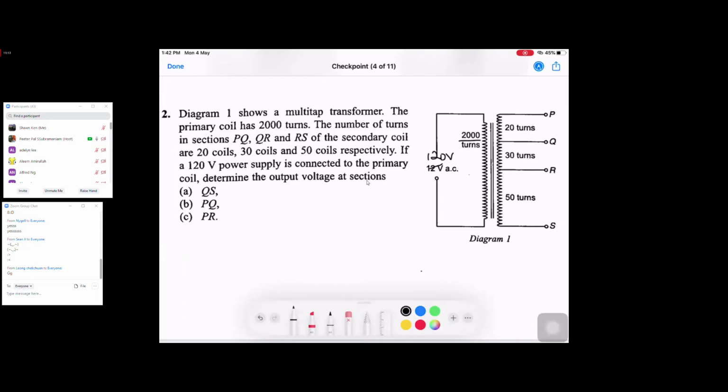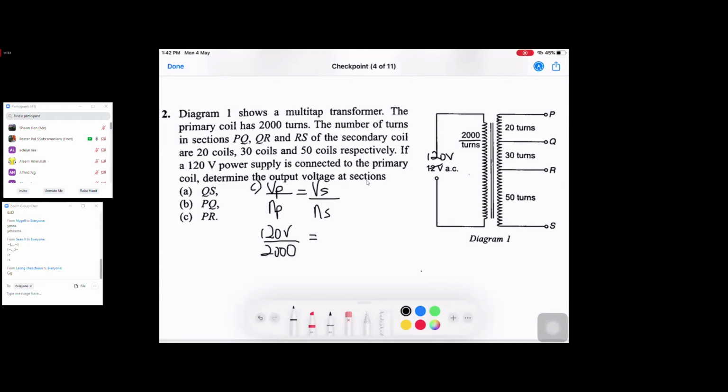Now number C. Primary over number of turns, secondary over number of turns. Primary is 120, number of turns 2,000.